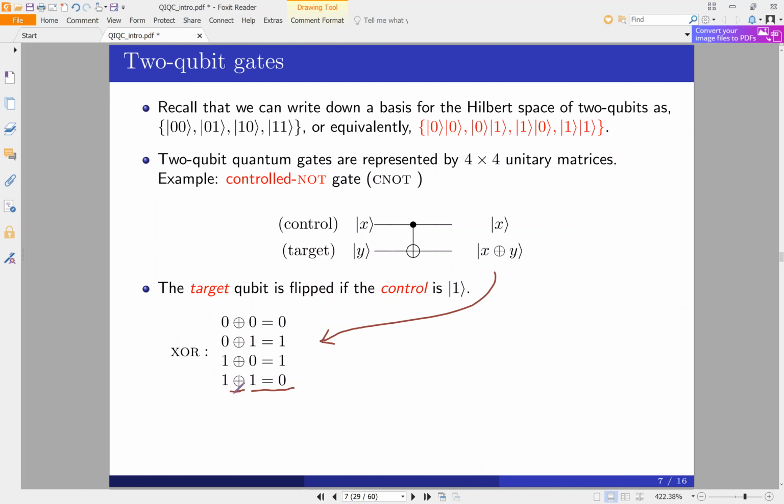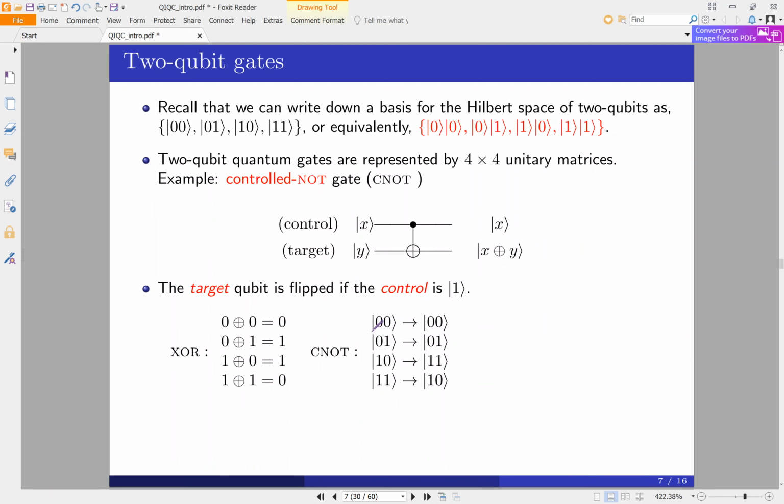So now if you use this truth table to work out what happens to different input states, you will notice that the target qubit is basically flipped only when the control qubit is 1. And that's why this is like a NOT gate. It's like a NOT gate on the target qubit, but controlled by the first qubit, and that's why it's called a controlled NOT gate.